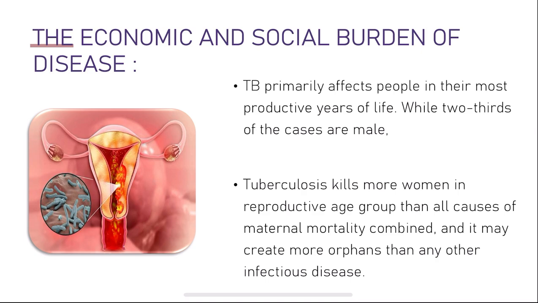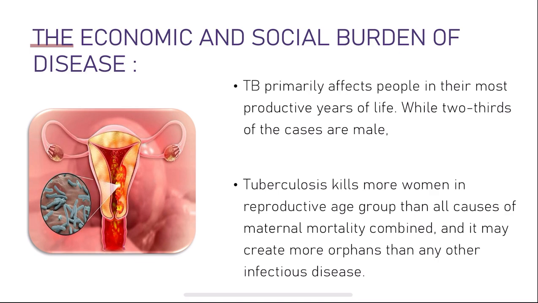So you can see the economic burden it is producing on the family, since the productive age group is affected, especially the males. In Indian households, in developing countries like India, the males are bearing the family burden to a greater level, especially on the rural side.